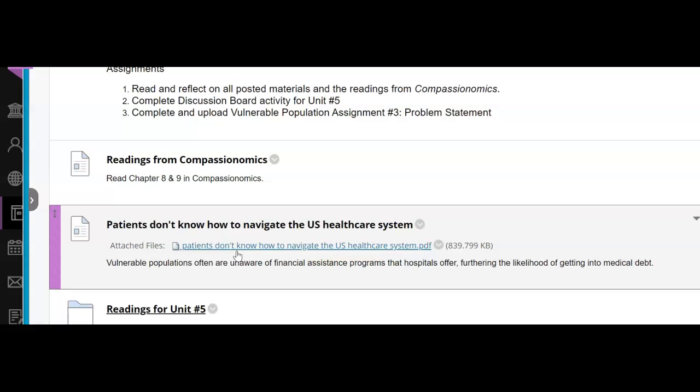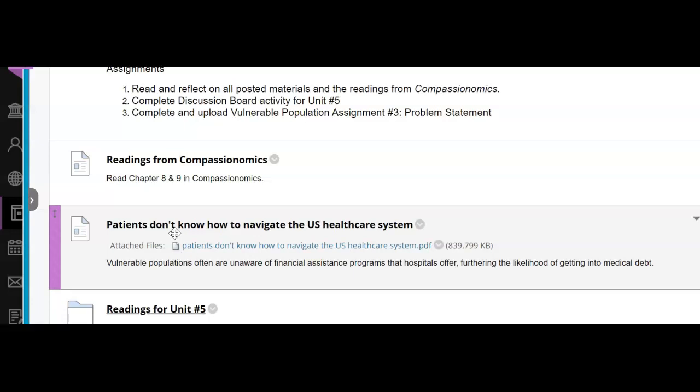So this speaks to certain groups that really don't know how to navigate the U.S. healthcare system and therefore are more likely to get into medical debt.